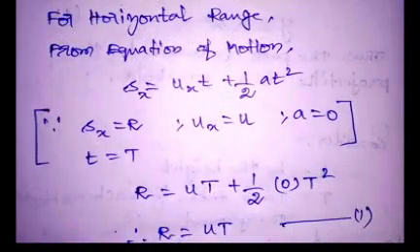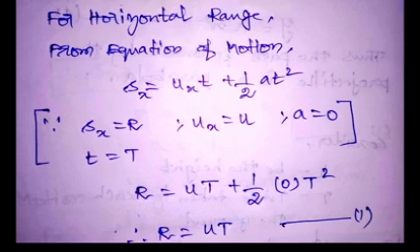Mathematically, we are going to find the horizontal range by using the equation of motion. For finding the range, I am going to use the second equation of motion, which we know already, S equal to ut plus half at square. Now the horizontal range is in the x-axis, so we convert the second equation of motion as S of x equal to u of x into t plus half a t square, and substitute the values.